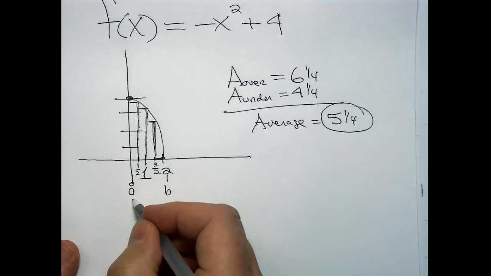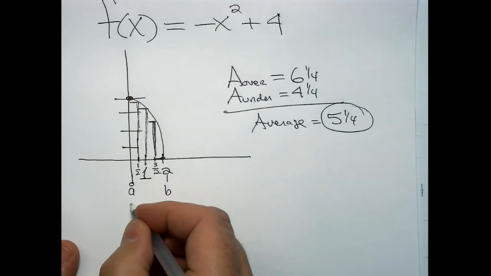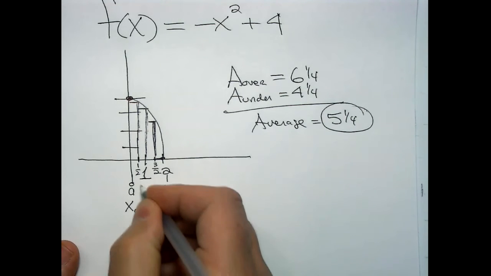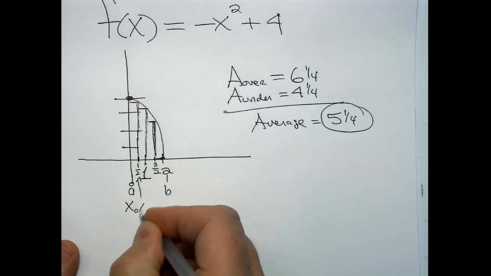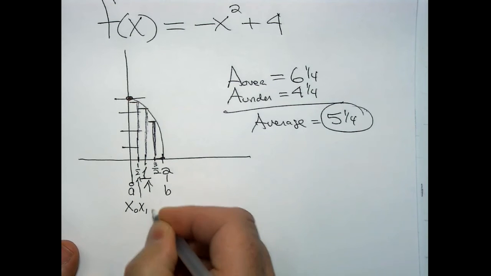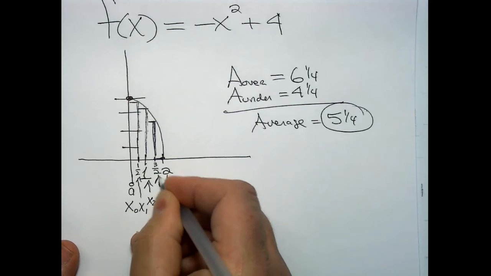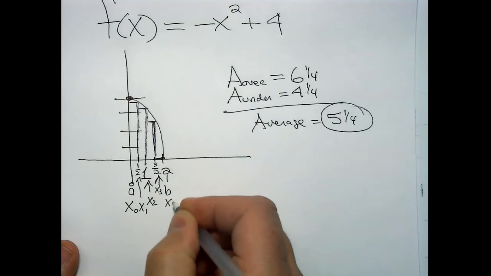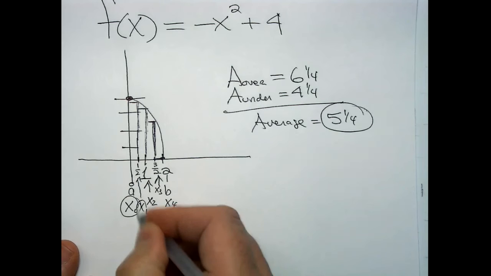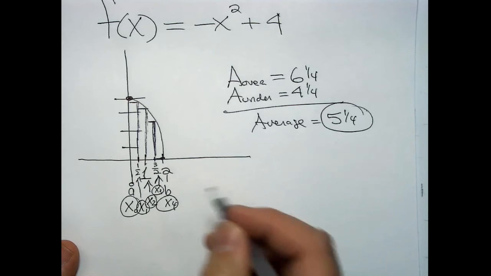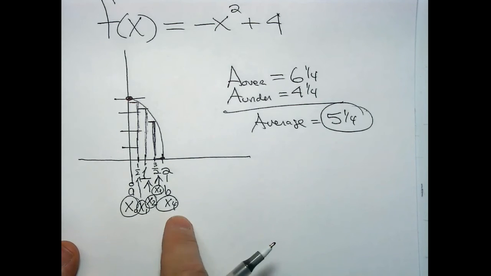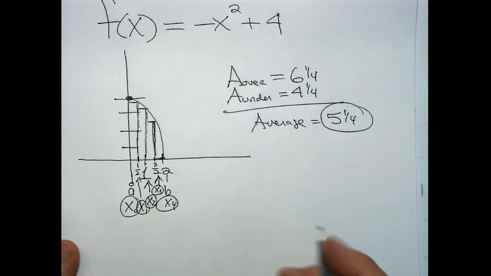But let's label each of these x values like this. This is x0. This one here is x1. This one here is x2. Here's x3. And then finally x4. So each x value has its own terminology: x0, 1, 2, 3, and 4.